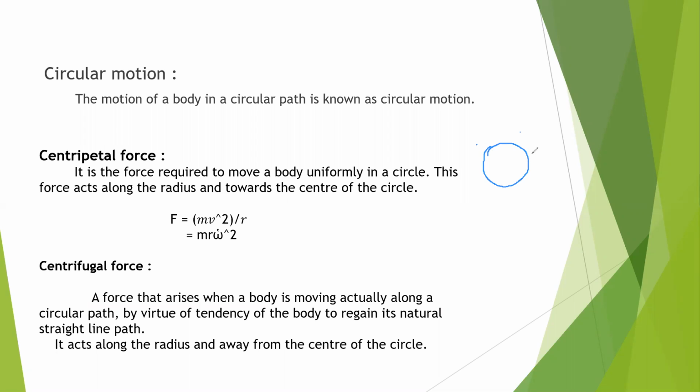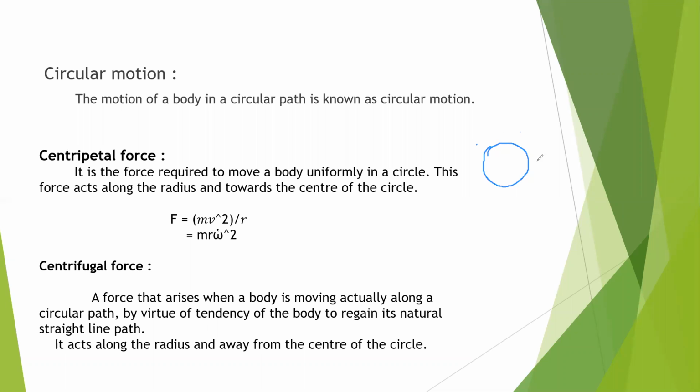So this is one circular path. If the object is moving along this path, then it is called circular motion. So when a particle or any body is moving in a circular path, its direction of motion at any instant is along the tangent of the circle at that instant.